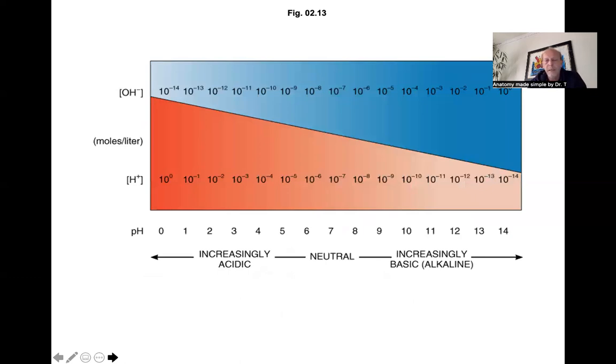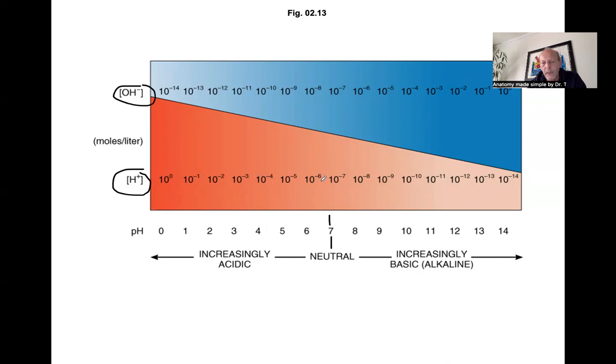Here is a diagram which illustrates what we just talked about. 7 is neutral, but this is strict inorganic chemistry. We have to think 7.35 to 7.45 to apply this concept to the human body. But as we can see here, an increasing number of hydrogen ions increases acidity, and an increased number of hydroxy ions in the solution is going to increase the alkalinity.